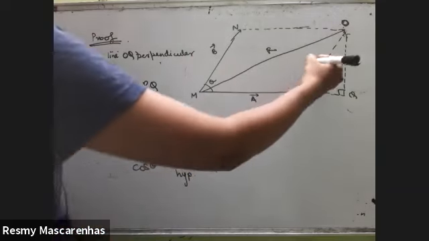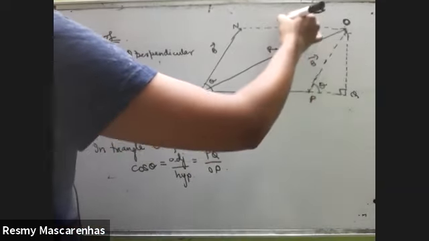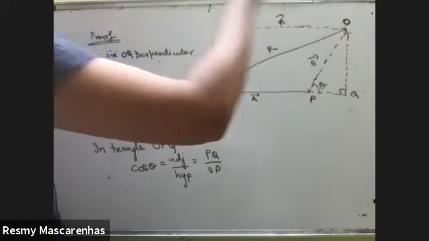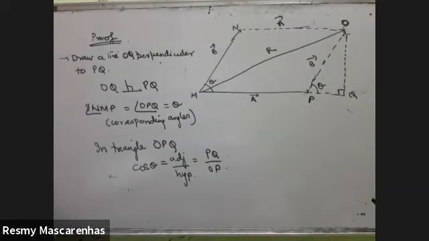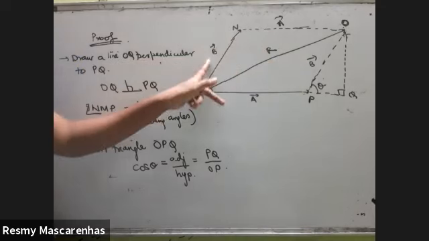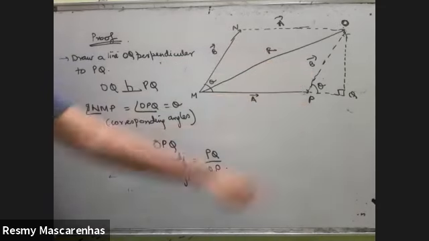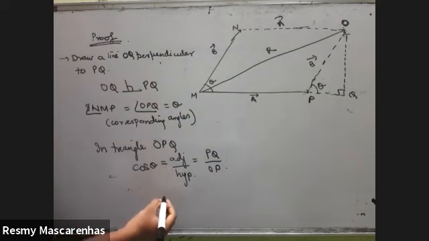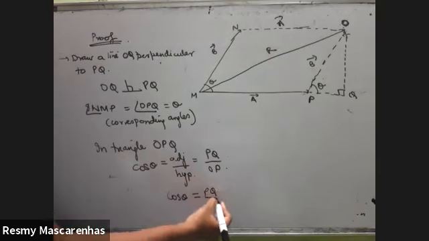If this is B bar, you know that this is also B bar. This is also A bar. So if this is 7, this will also be 7. If this is 10 units, this also will be 10 units. So what we got? Cos theta is equal to PQ upon OP.